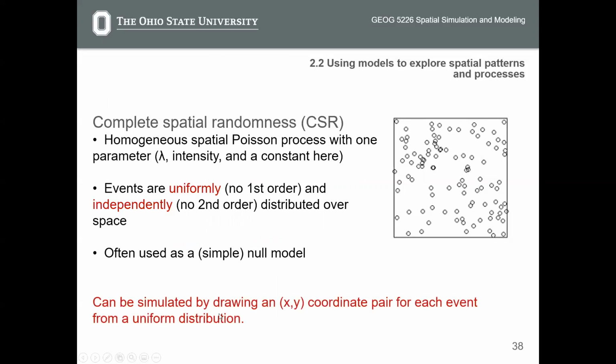It can be simulated by drawing an XY coordinate pair for each event from a uniform distribution. A uniform distribution has another name. Sorry, I'll just stop here. I'm not going to make you more confused. Let's just remember this: how do you form a CSR? Firstly, you find a uniform distribution.